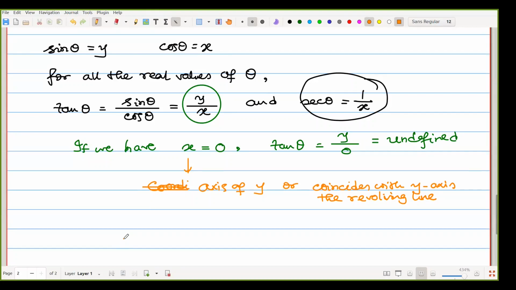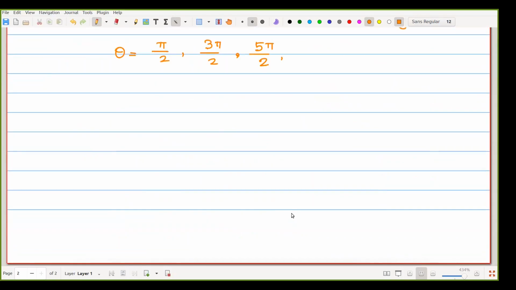Then theta values are pi by 2, 3 pi by 2. Once again, I am defining more. Let's check it. Suppose we have that coordinate system, X, X dash, Y, Y dash.